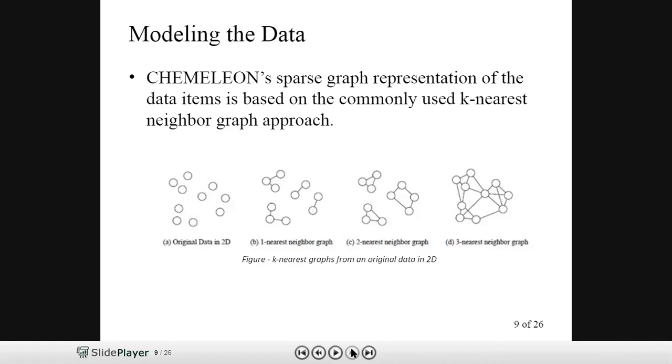In figure C, each node gets connected with two nearest neighbors, and in figure D, each node gets connected with the three nearest neighbors. In this way, we can see that using the k nearest neighbor technique, the sparse graph can be easily represented.